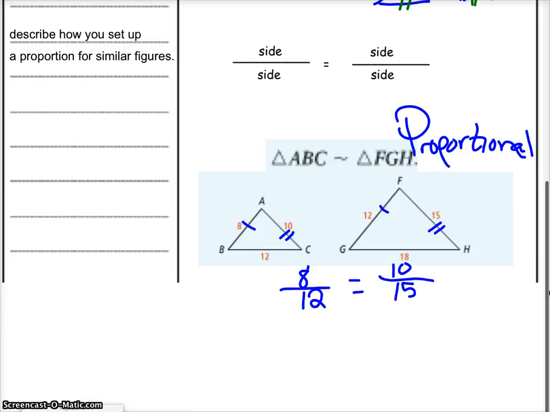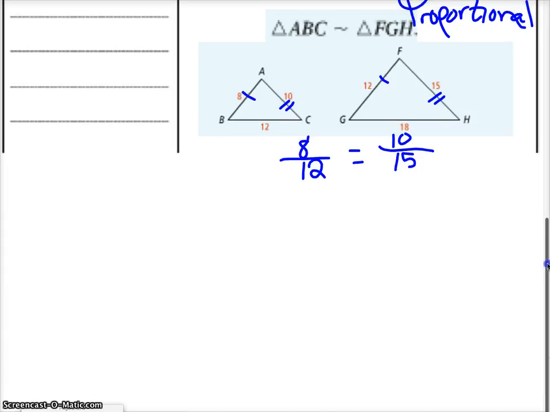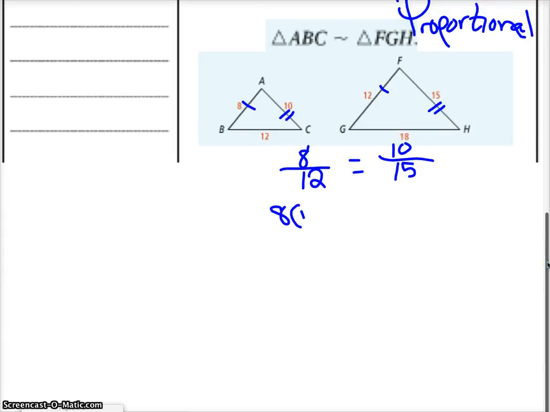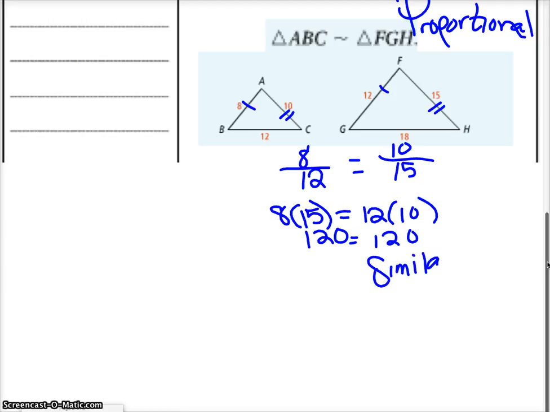And then how can you tell if they're a proportion? Michael? Their cross product should be the same. So 8 times 15 should equal 12 times 10. That's 8 times 15, 120. Is it 120? It's 120. So they are similar. You don't have to do that much today, but that's how you really set it up.